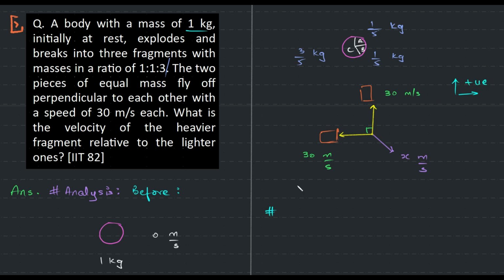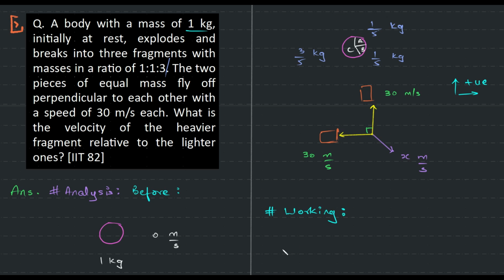Okay, so what to do? How do we go about it? We can go with the vector form, or we can go with conservation of momentum. So we can use either of those.